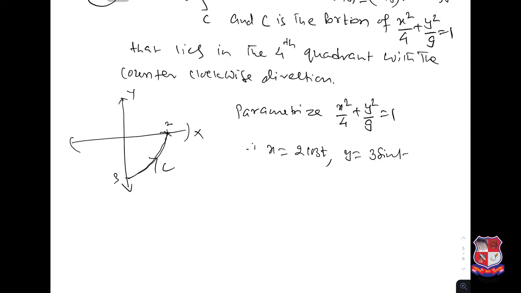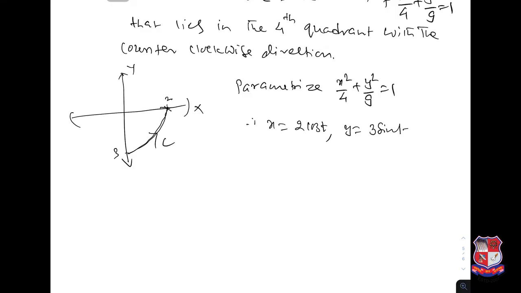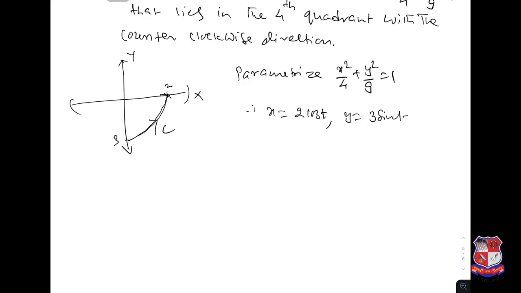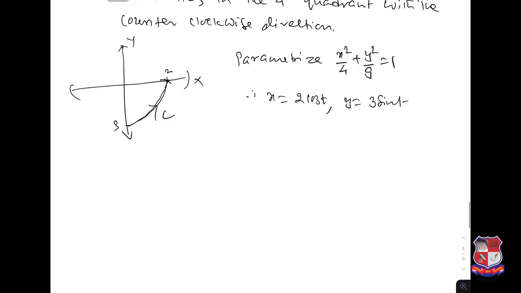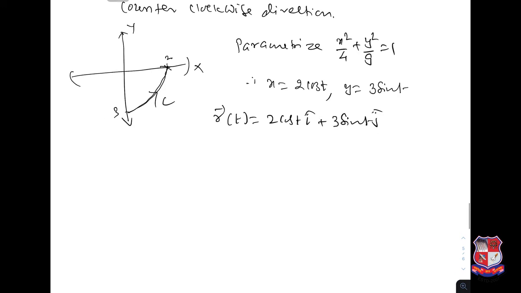That is not difficult, you can have cos square t plus sine square t equal to 1 kind of things, and so r is 2 cosine t i plus 3 sine t j. Now see the value of t lying between minus pi by 2 to 0, because it is in the fourth quadrant only.